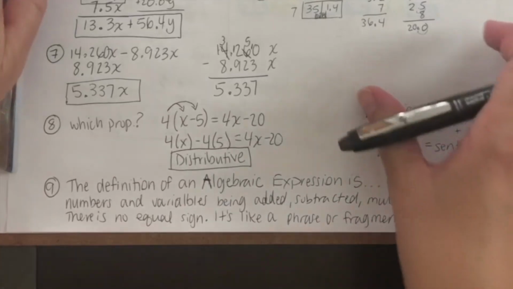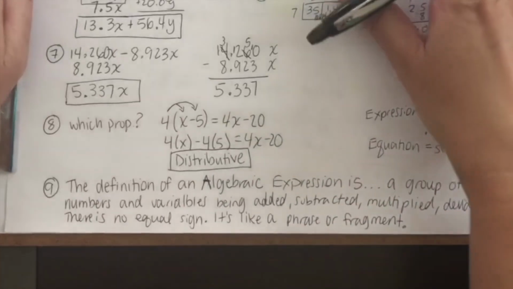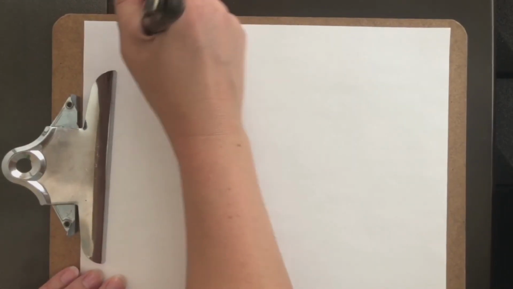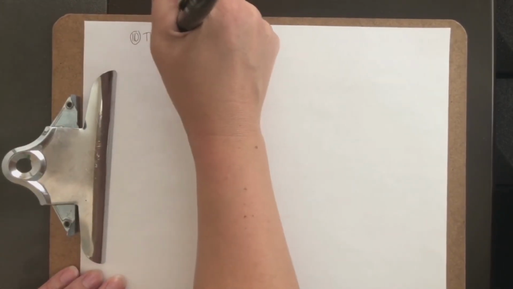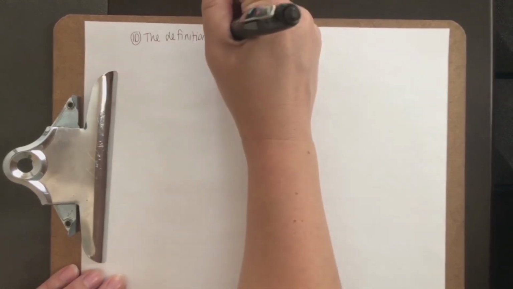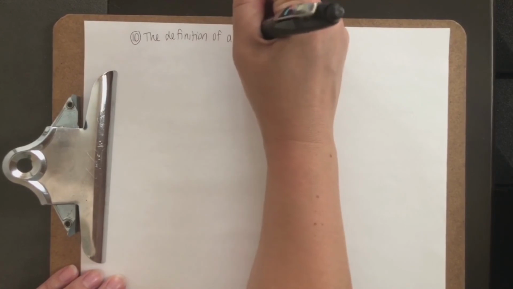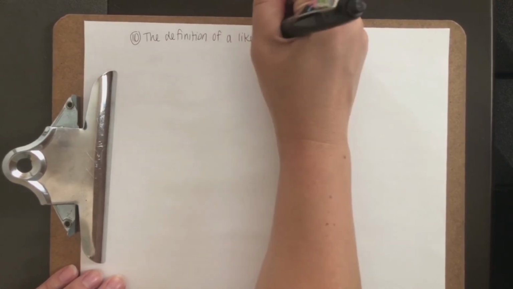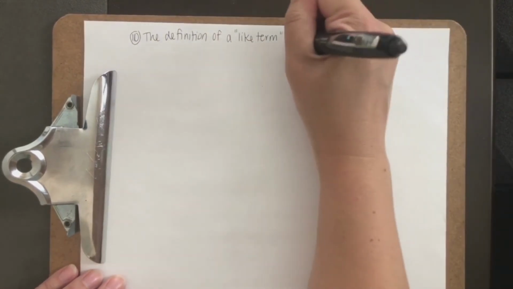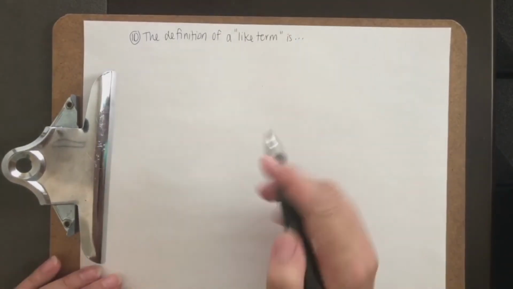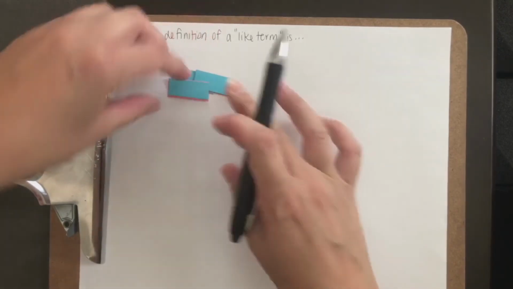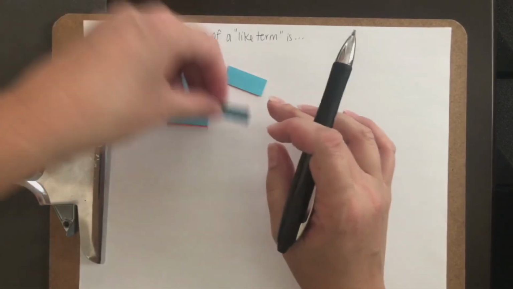Okay, we need to do number 10, so I need a new piece of paper. The definition of a like term is, so I think the best way to talk about like terms is thinking about it in terms of tiles.